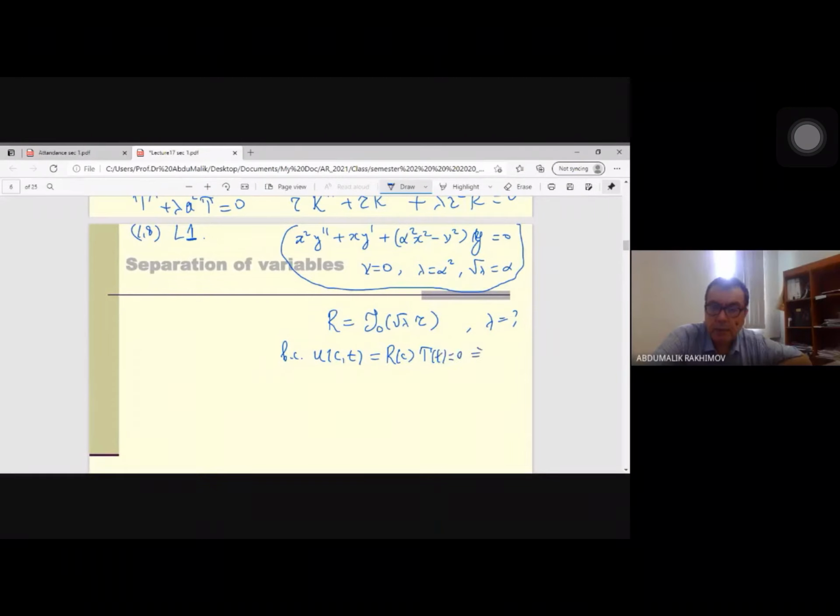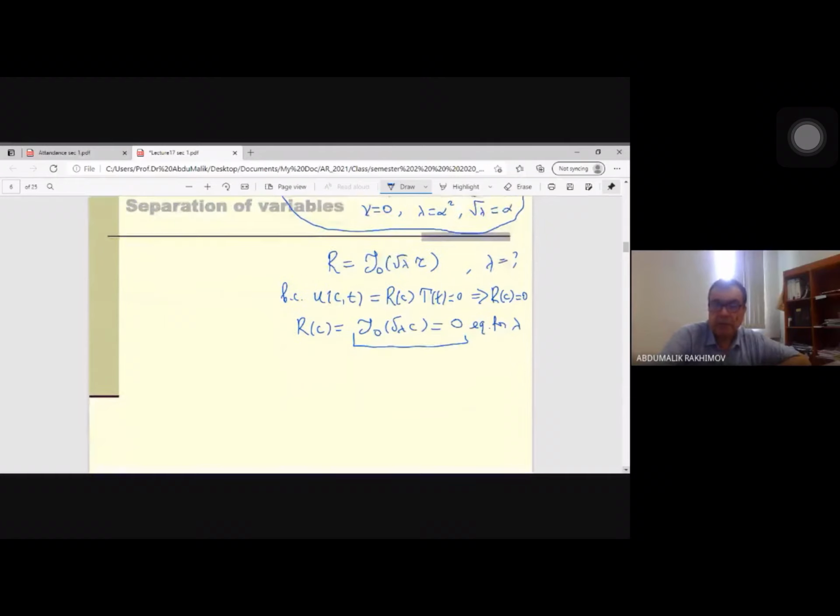So either the function T is 0 or this constant is 0. Of course this constant must be 0, because the function T cannot be 0, otherwise we have only the zero solution. So what does it mean, R(c) equals 0? R(c) equals J0 of root of lambda times c, equal to 0. So this is the equation for lambda, or for eigenvalues, right?